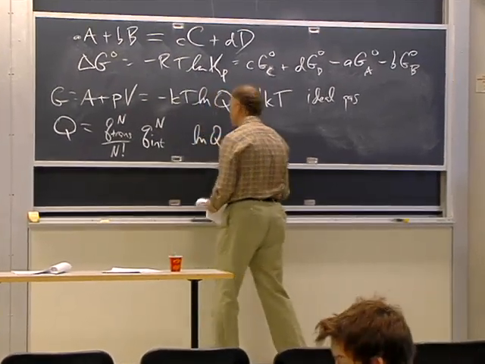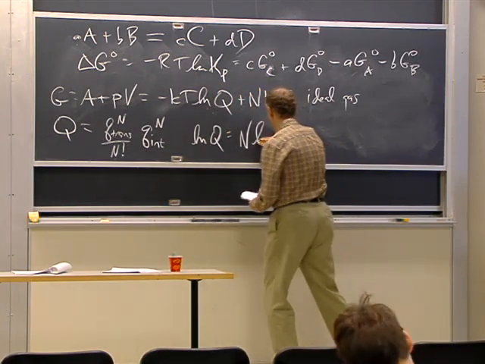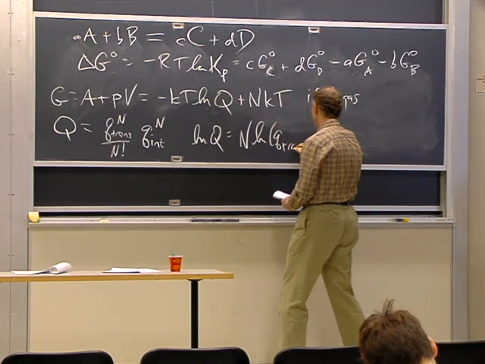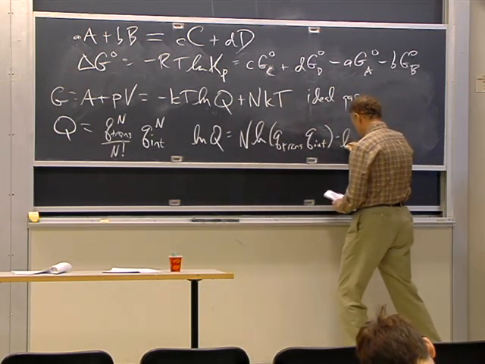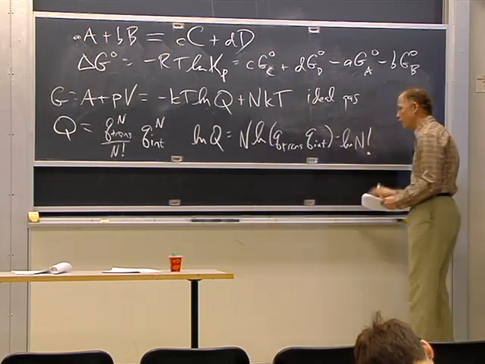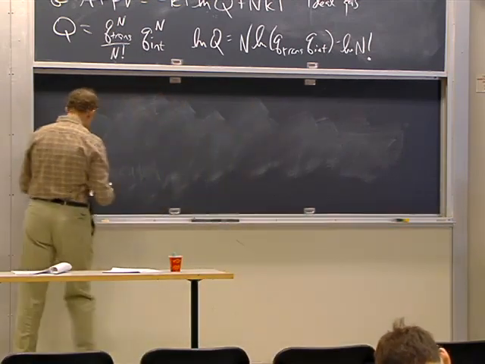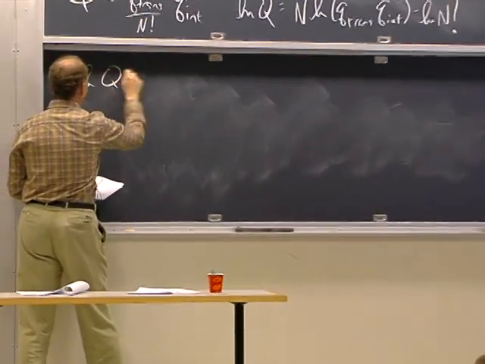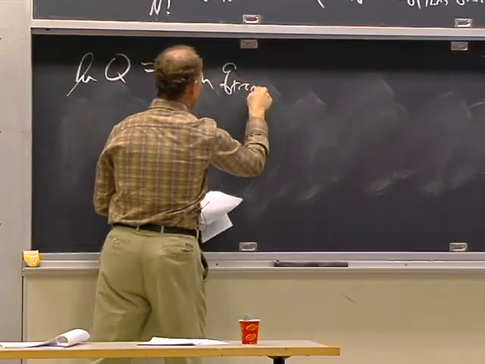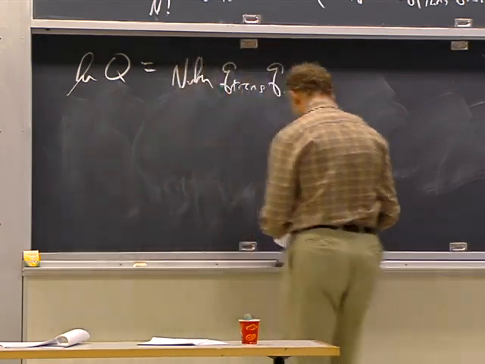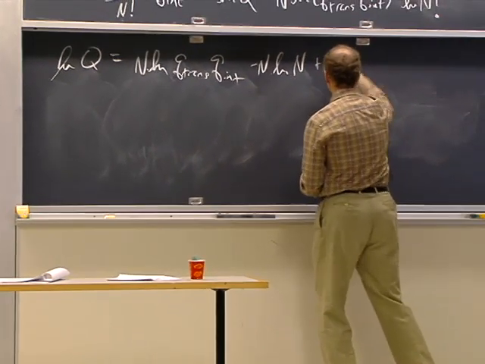So our log of Q, which we need up here, is just n log of q trans q internal minus log of n factorial, and that's equal to n log of q trans q internal minus n log n plus n.